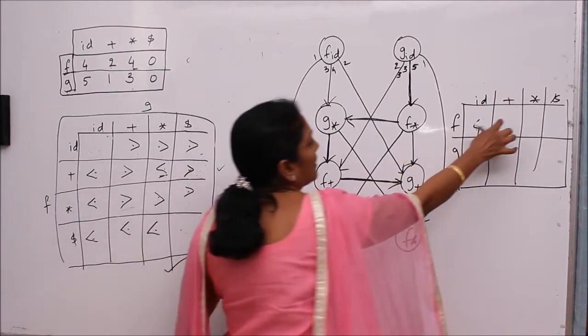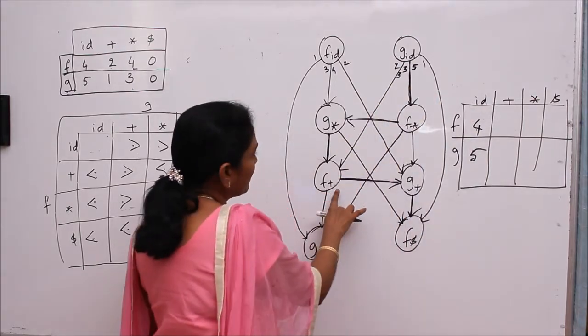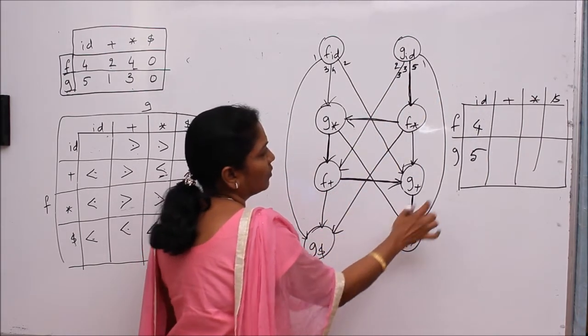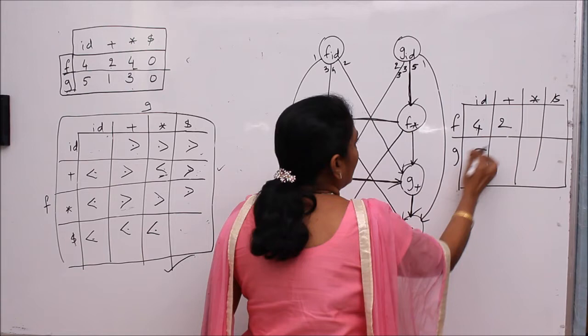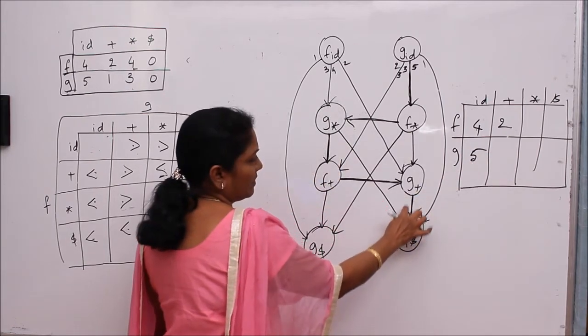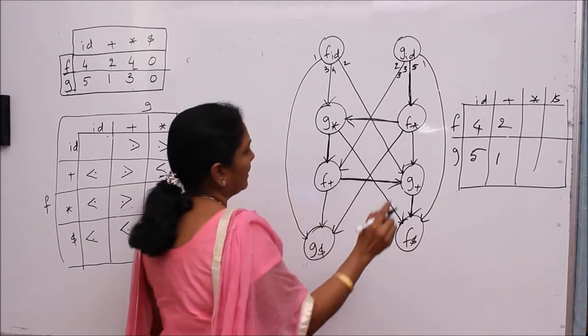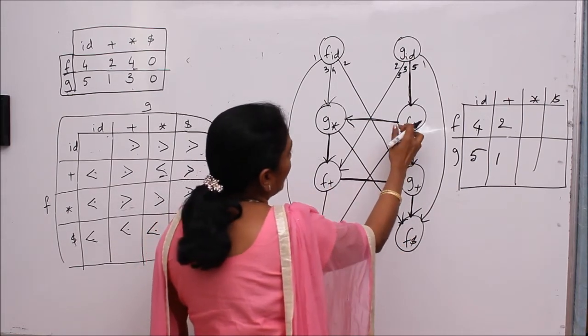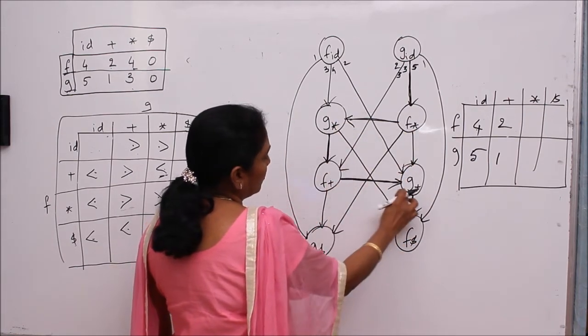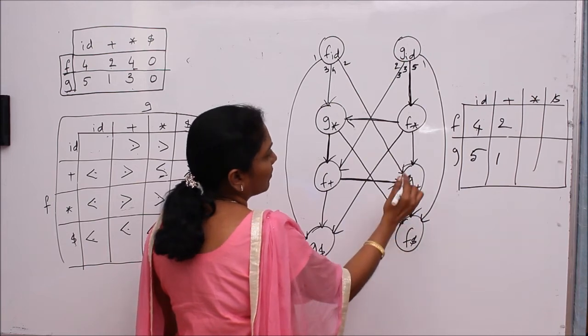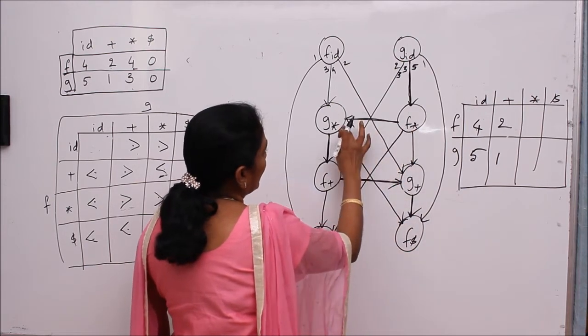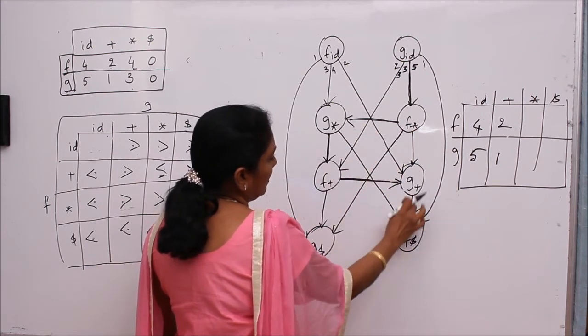Similarly, if I take F plus, from F plus the longest is 1, 2. And from G plus there is only one edge, so 1. F star, from F star it is 1, 2, 3, 4.